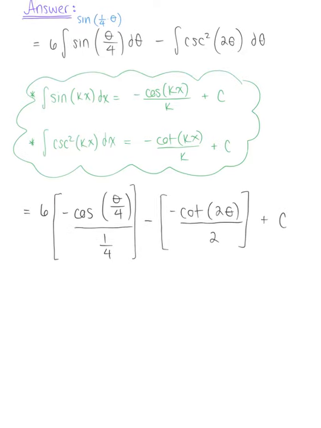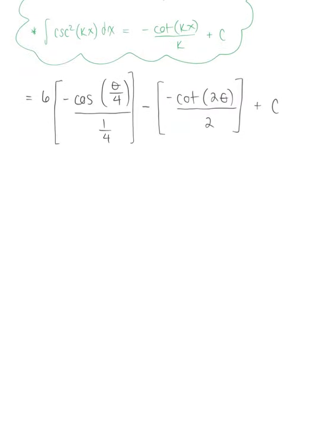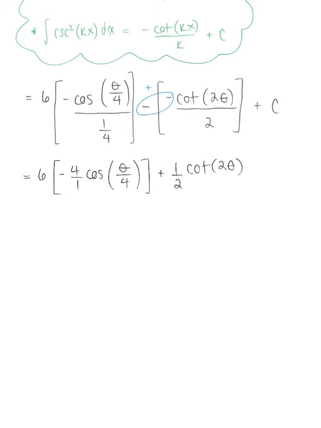And of course we want to simplify here. So with our first expression, we can rewrite this as 6 multiplied by negative 4 by 1 times cosine of theta divided by 4. And then we see we have a negative times a negative to produce a plus 1/2 cotangent of 2 theta plus c.